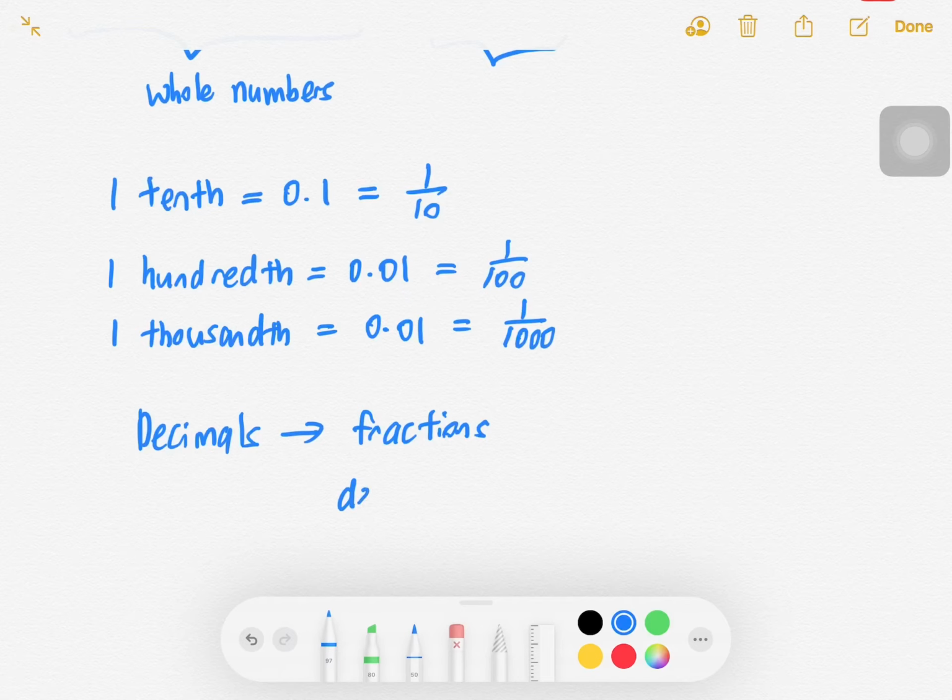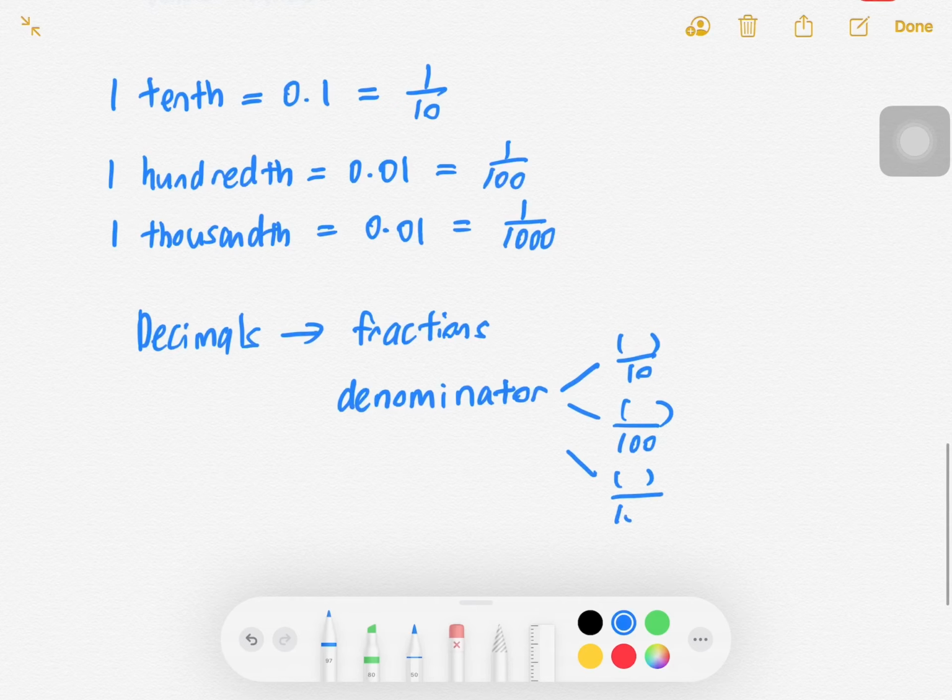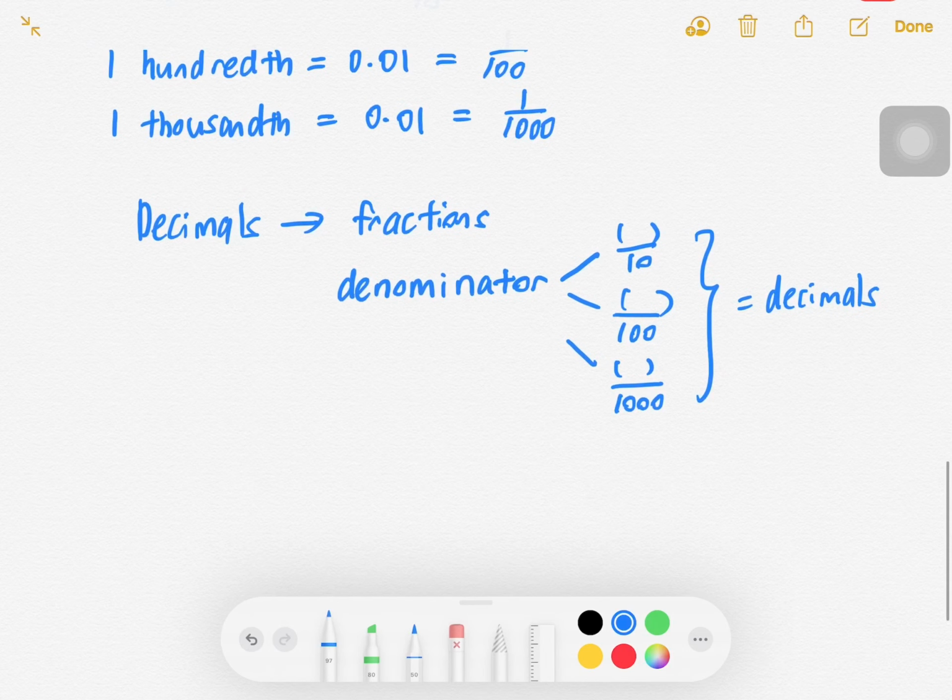The denominator needs to be either out of 10, out of 100, or out of 1000 in order to express it as decimals. This part I'm not going to cover anymore because we have already done the SLS lesson.